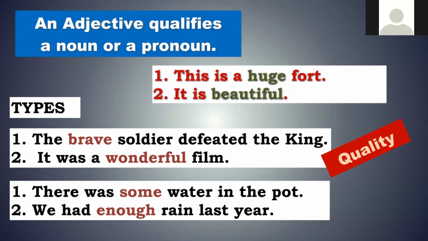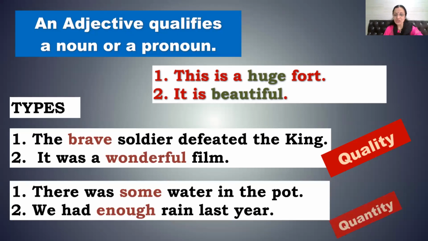It's speaking about the amount, not the number. How much water? There was some water. How much? We had enough rain. How much rain? Okay, fine. So this is quantity.